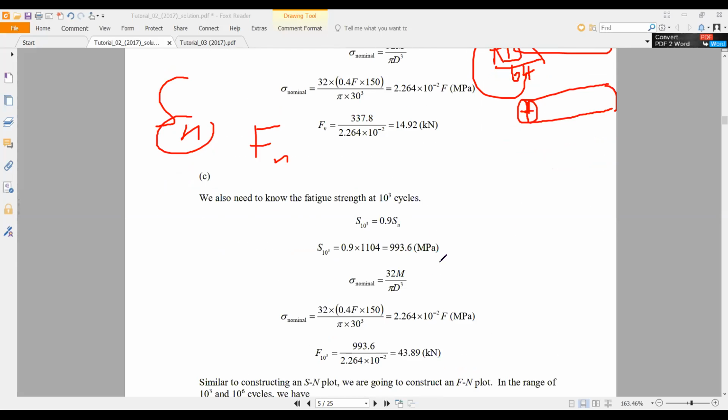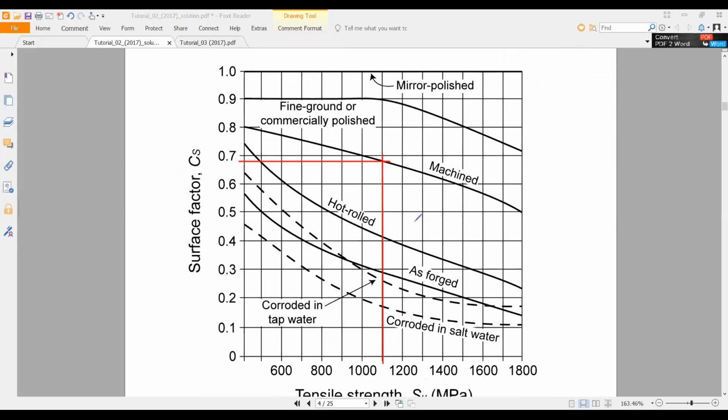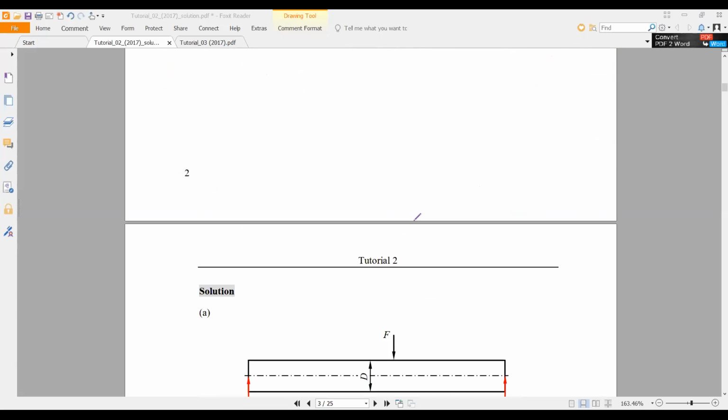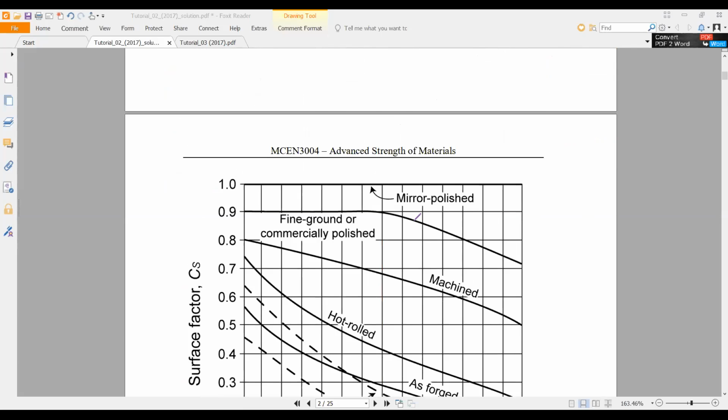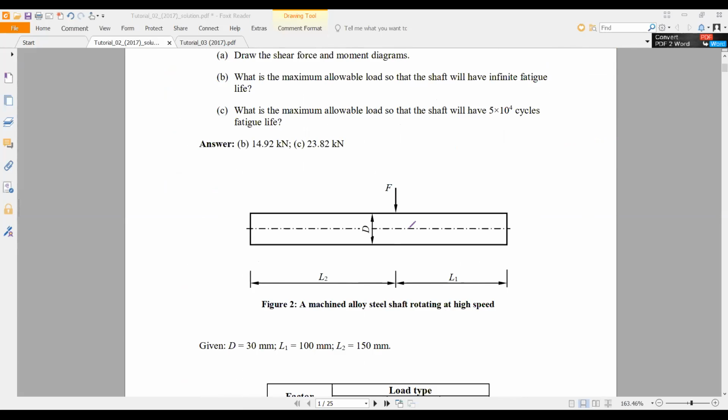Okay, I will show you again. In here, they ask for 5 times 10 to the 4 cycles fatigue life. But we know for steel the endurance limit is 10 to the power 6.